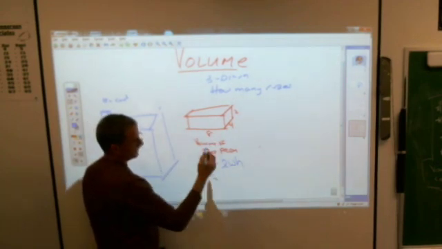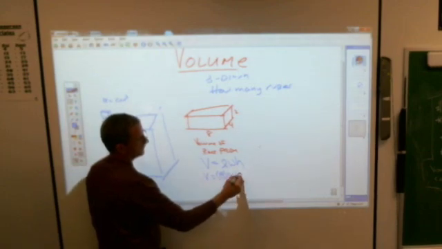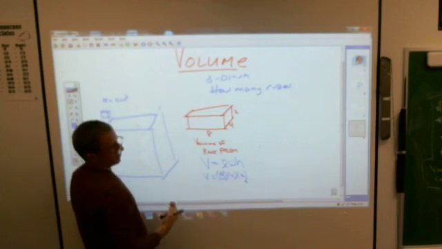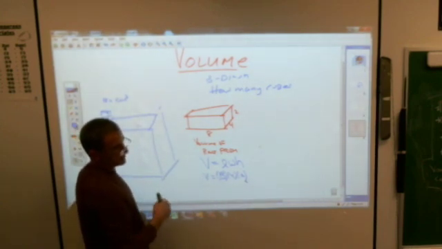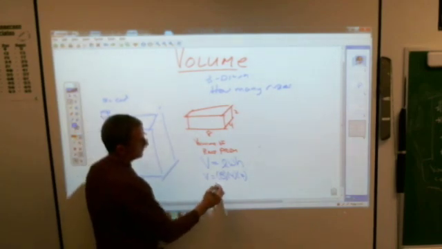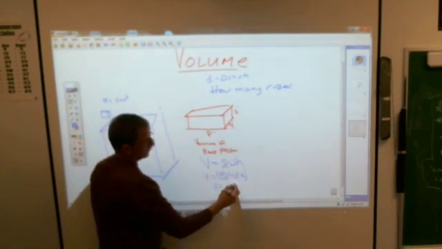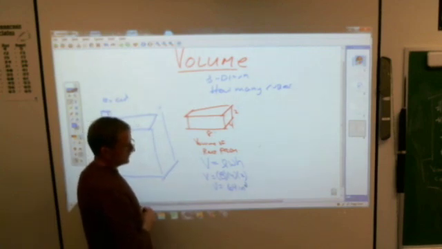It doesn't matter which one you call the length, the width, or technically even the height, because of the whole loaf of bread theory: I could cut this shape 3 different ways and still get equal slices of bread. So the volume here equals 64 cubic inches.